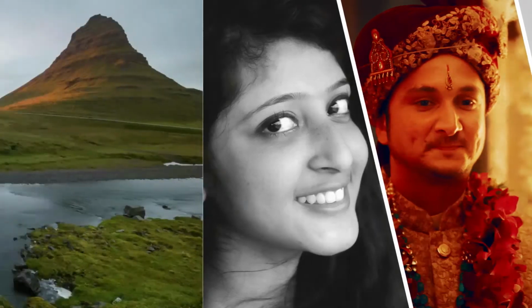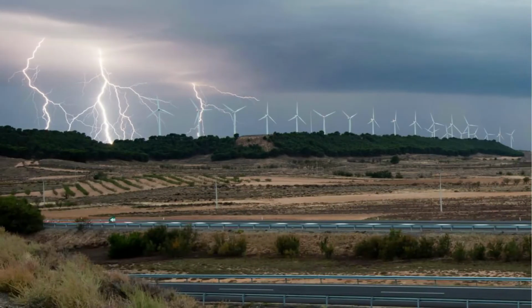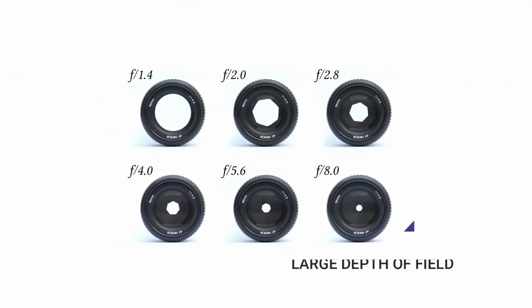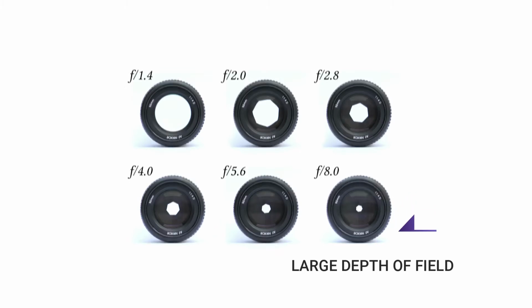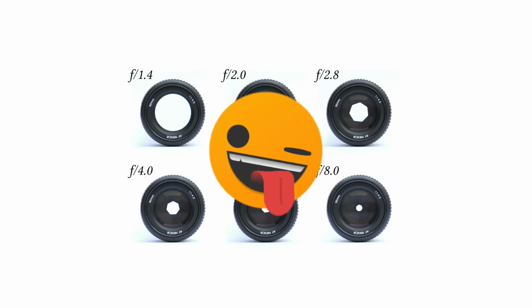However, the deep or wide depth of field also has its significance in photography. In landscape or some other cases where you need to show everything in equal sharpness, large depth of field plays a pivotal role. A lens's f-number can be as small as f/1 and as large as f/64 or beyond.